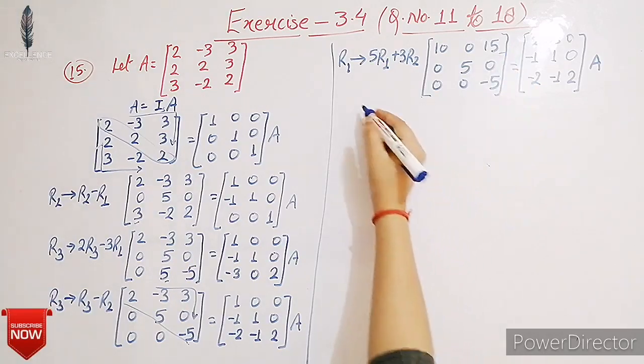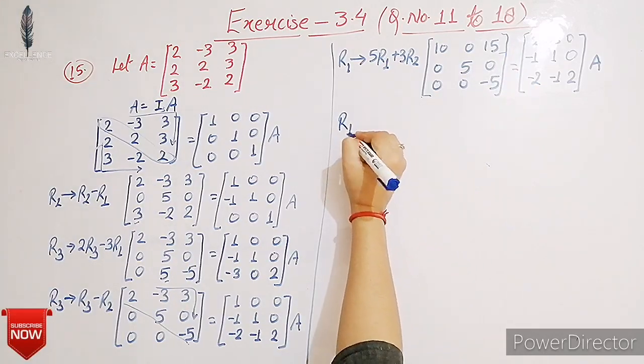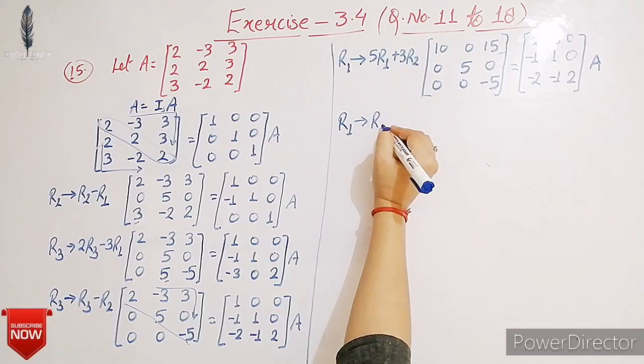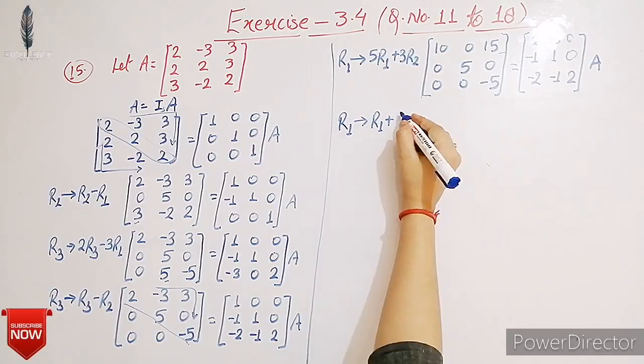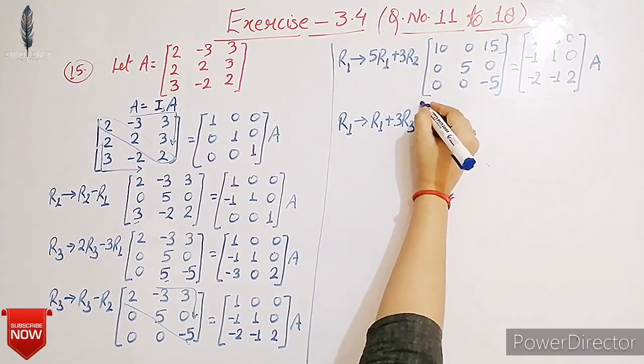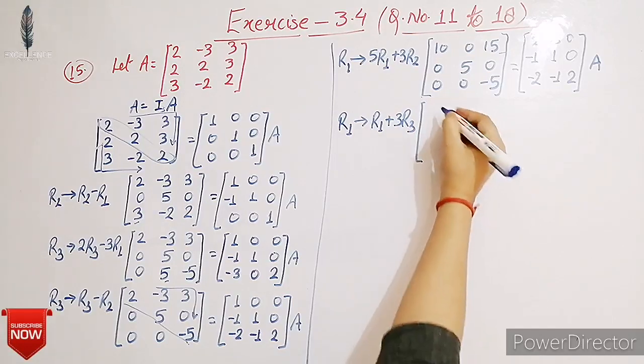Now we have to convert this 15 into 0. So R1 is such that R1 plus 3R3, because R3 में element क्या है minus 5.